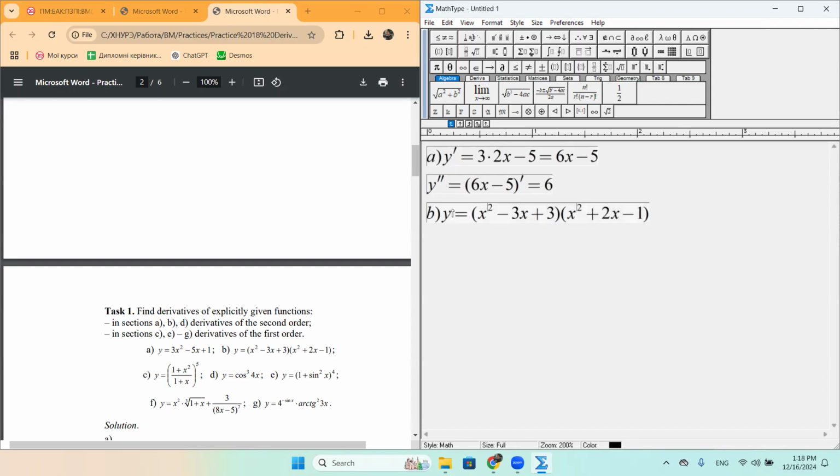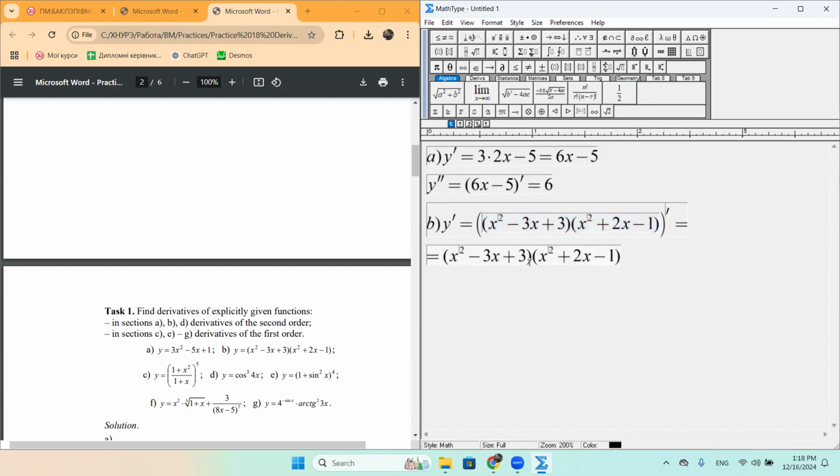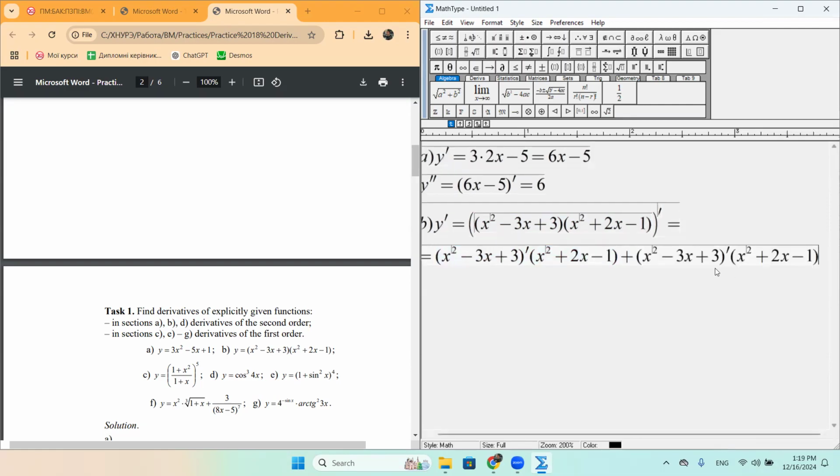And if we want to differentiate, let's write like this. So first of all, we differentiate the first multiplier. Of course, we can change the order because this operation is commutative in this case.